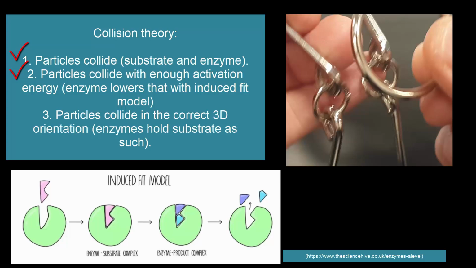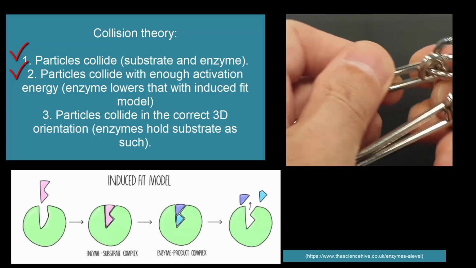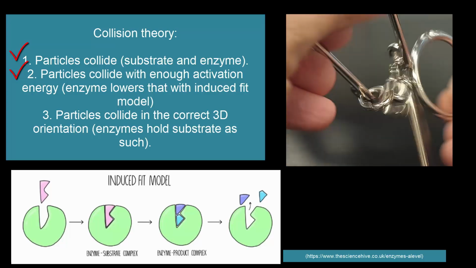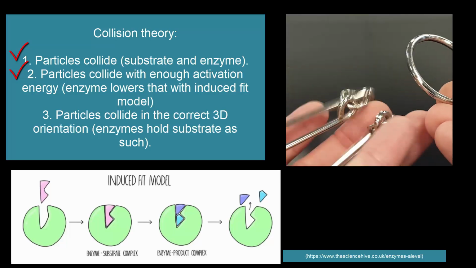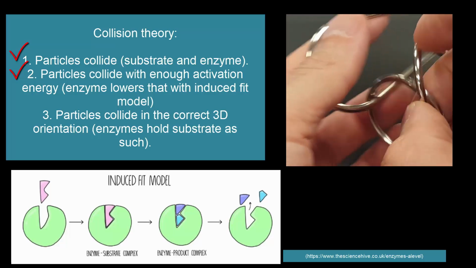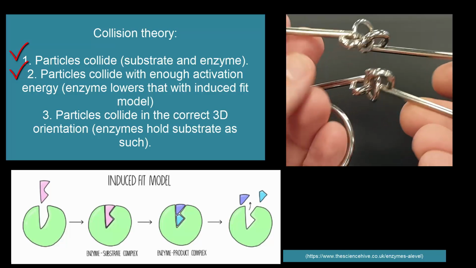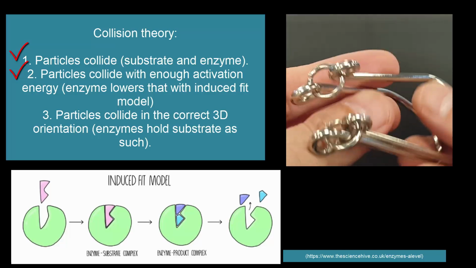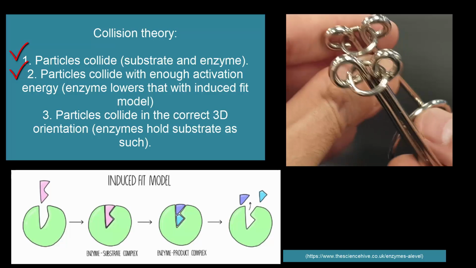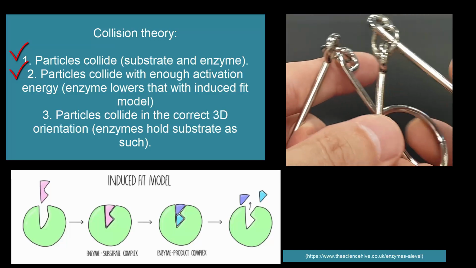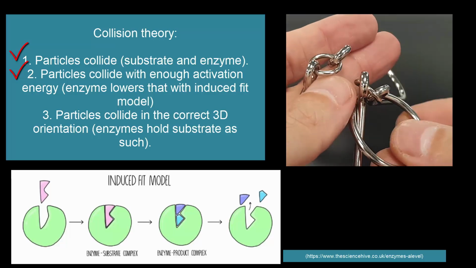Increasing the temperature also gives the molecules more energy in order to break apart as well. The enzyme also helps, as well as temperature. So the temperature increases the number of collisions, so the probability of colliding in the correct 3D orientation increases.